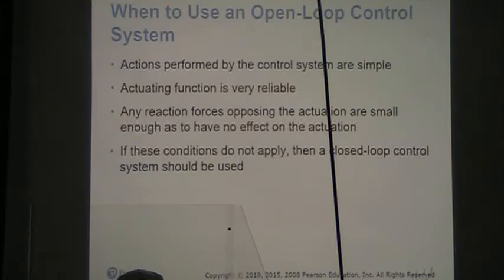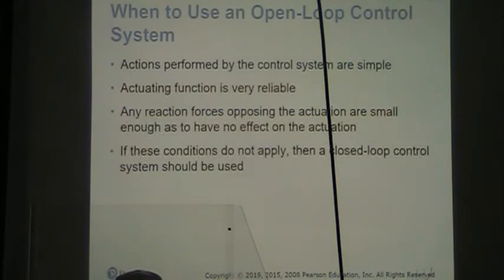So, when do we use open loop? When the actions performed by the control system are simple, right? So on the lathe I was operating, it would just feed down the length of the part that I was machining. The actuating function is very reliable. We definitely want reliable processes.